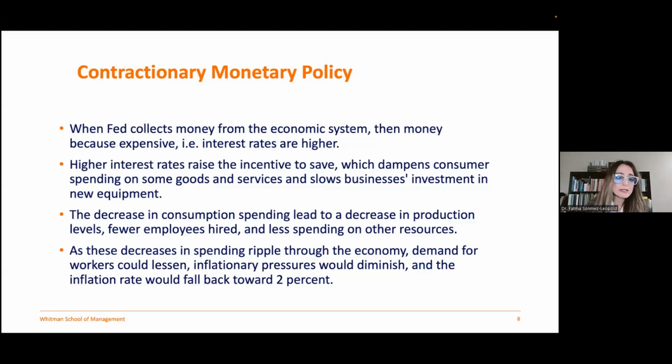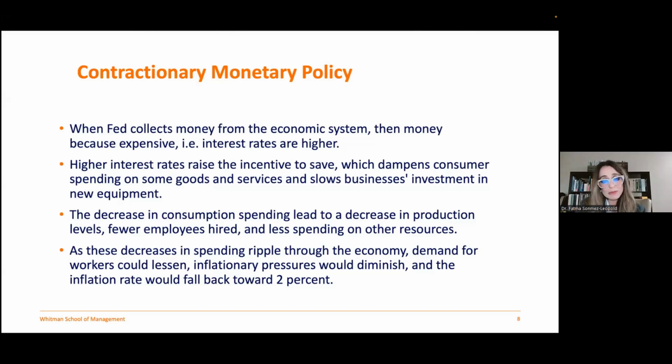So all these decreases in spending ripple through the economy, and the demand for workers could lessen, inflationary pressures will diminish, hopefully, and the inflation rate would fall back toward 2%.